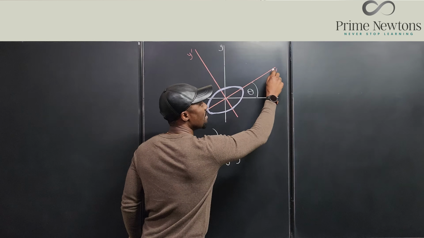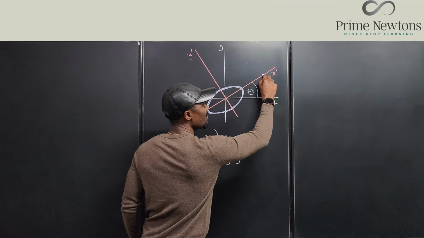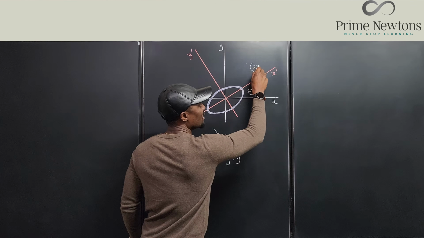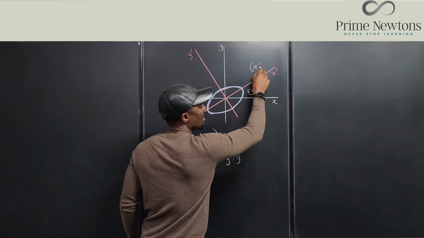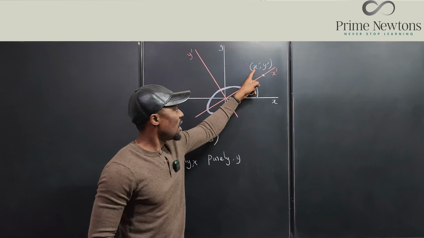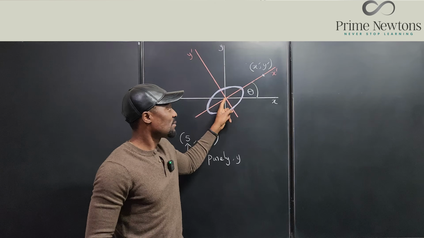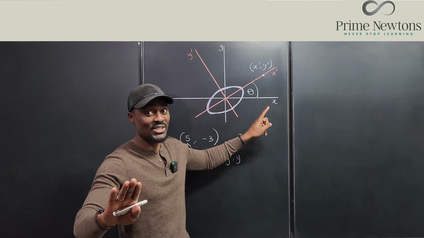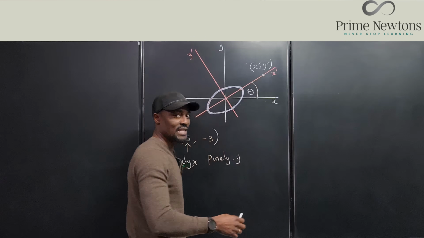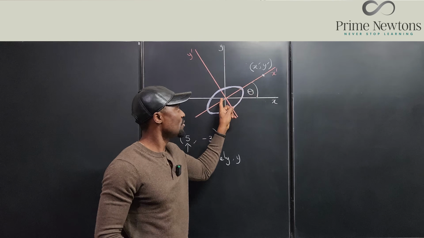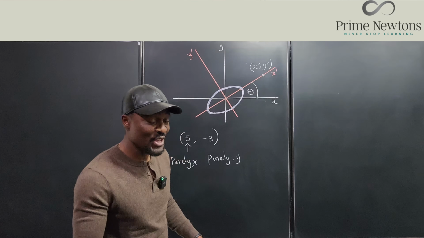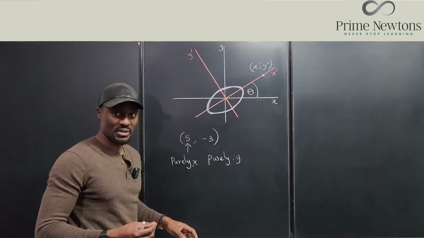So assuming I pick a point here, I call this point, let's call it x prime, y prime. It does not mean you have traveled x prime units to the right. That's not true. It means you have gone x prime units along this line. It does not mean that's how far you have gone horizontally. And this is why we have to make some adjustments.